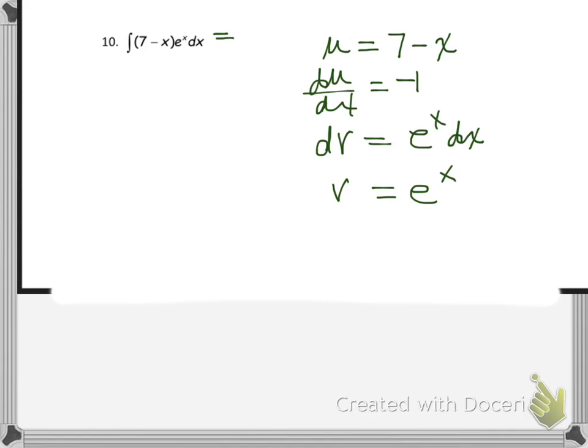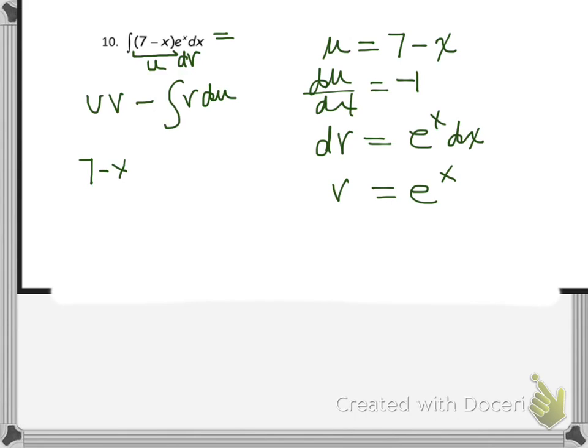So let's solve this. If I have this written as the integral of u dv, to get my answer I need uv minus the integral of v du. So what's uv going to be?